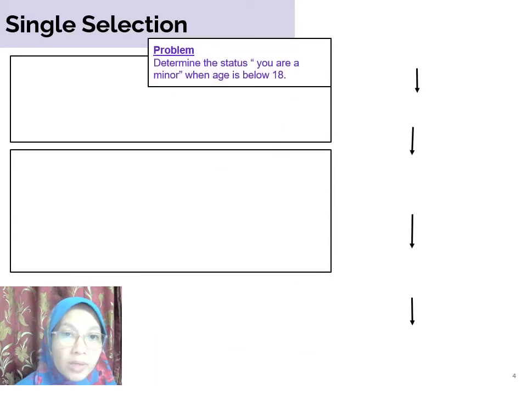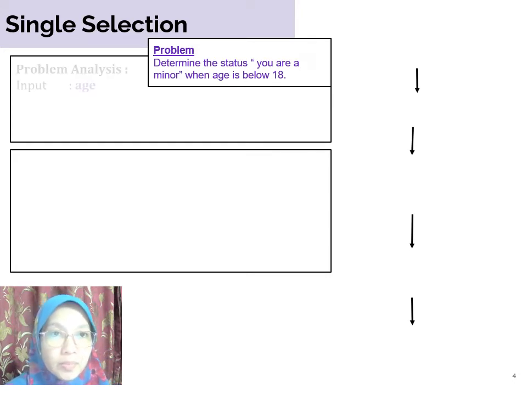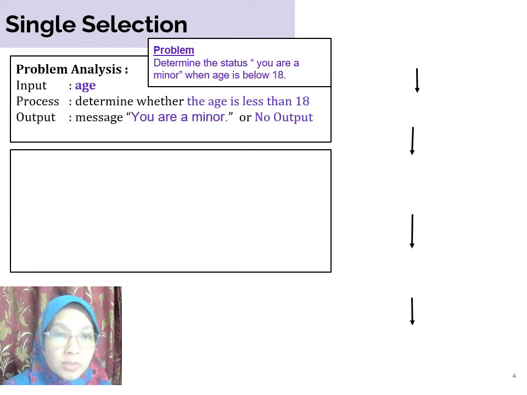Let's proceed with one example of single selection. The problem: determine the status you are a minor when age is below 18. Problem analysis: input is age, process is to determine whether the age is less than 18, output is the message you are a minor, or no output.